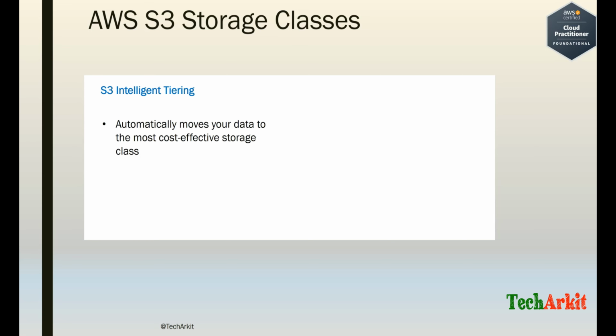For example, with user home directories, some users store data for later use. They store many documents but don't access them frequently. They might access them after 3 months, 6 months, 1 year, or maybe 2 years.